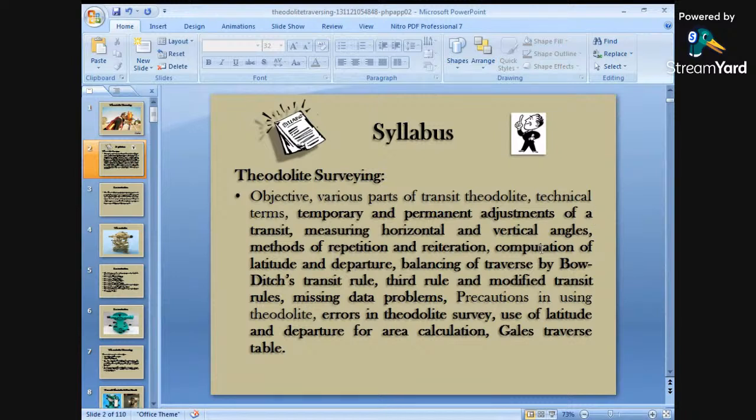After that you can also calculate the latitude and departure by using your theodolite. After that, there will be balancing of traverse, how you can balance the traverse perfectly by using your transit rule, third rule, and modified transit rule. And we will also do some of the numericals related to some missing data. So this is all about the syllabus which we are going to discuss.